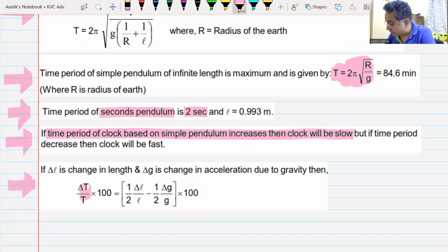This is known as the percentage change in time, or time gained or time lost per second. Do we understand this? Yes, sir.